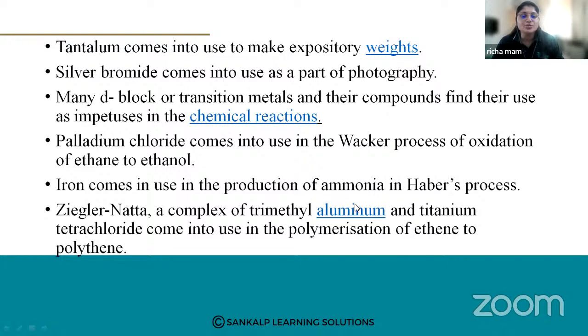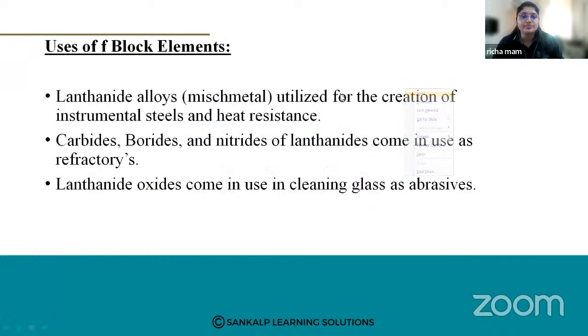It is used in the polymerization of ethene to polythene, that is, in the production of polythene bags. We take a simple molecule like ethene and convert it into polythene, making use of the Ziegler-Natta catalyst.